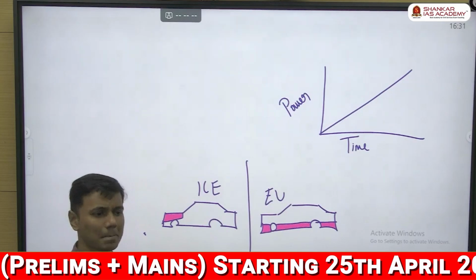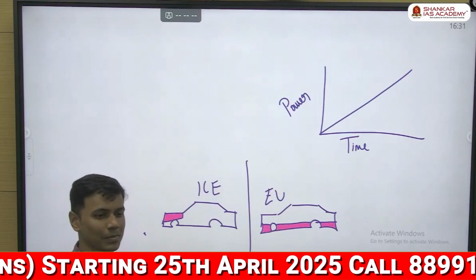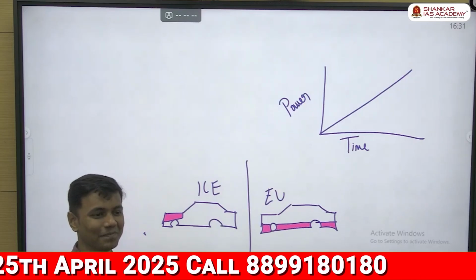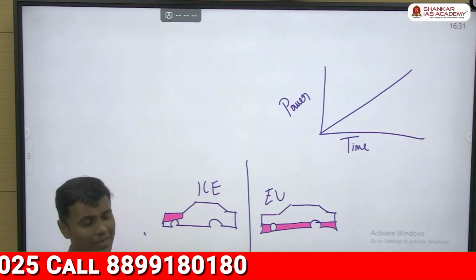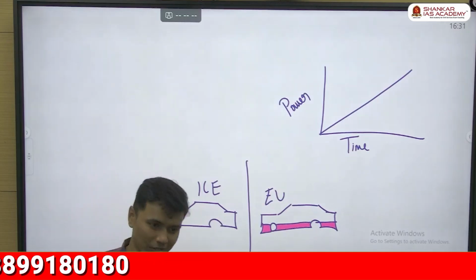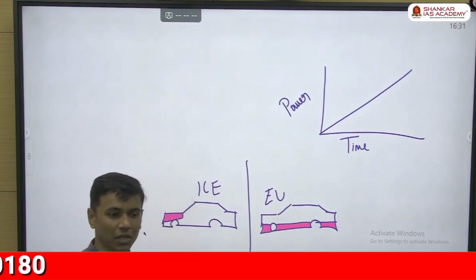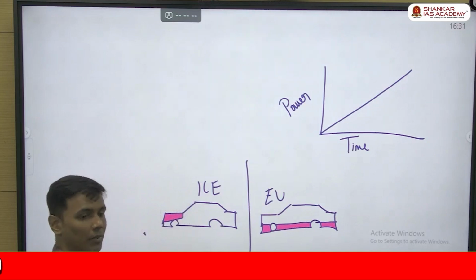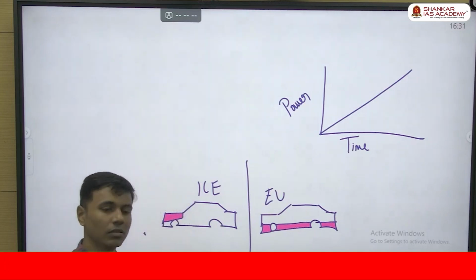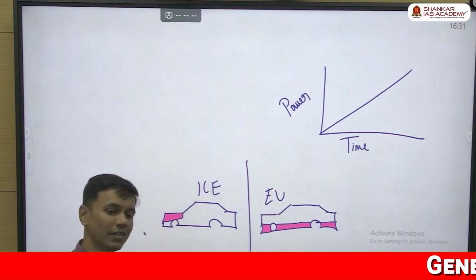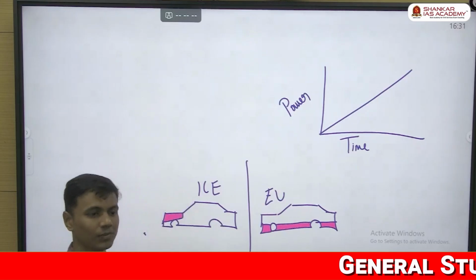Anything else? Think. Okay. Internal combustion engine has more moving components. Electric vehicles have lesser moving components.